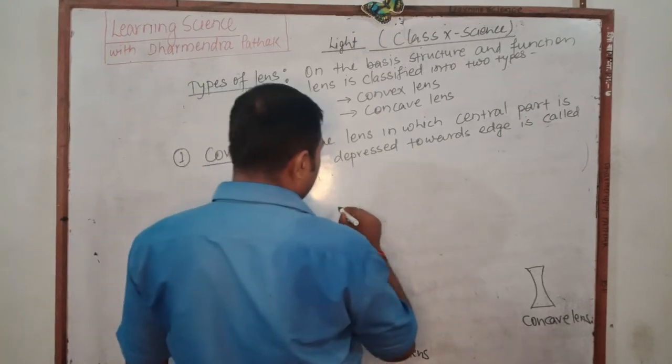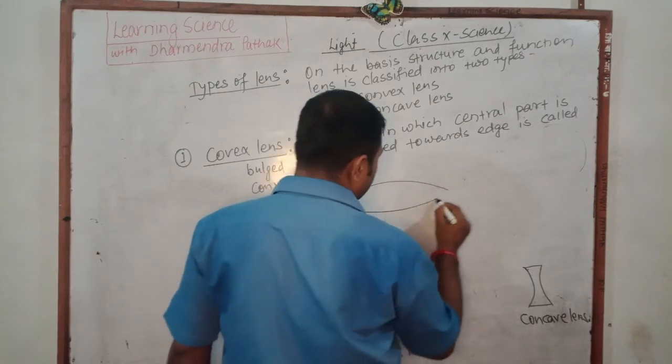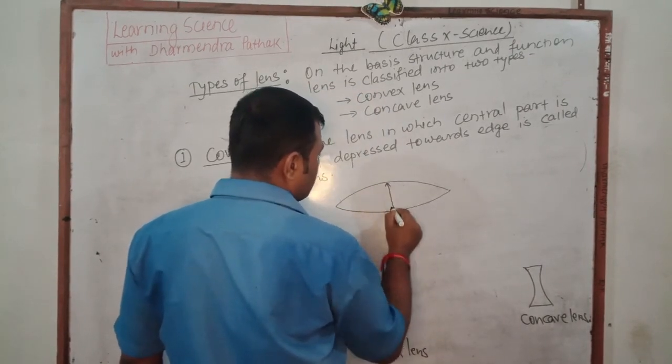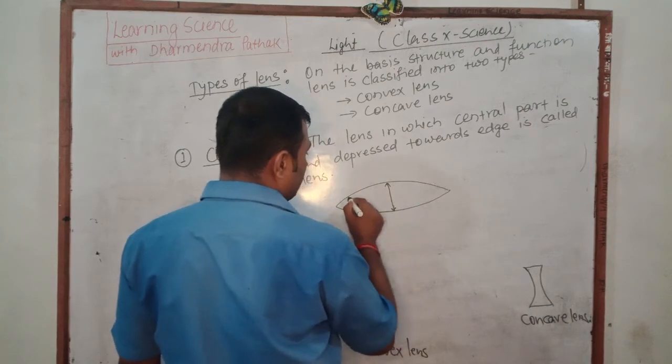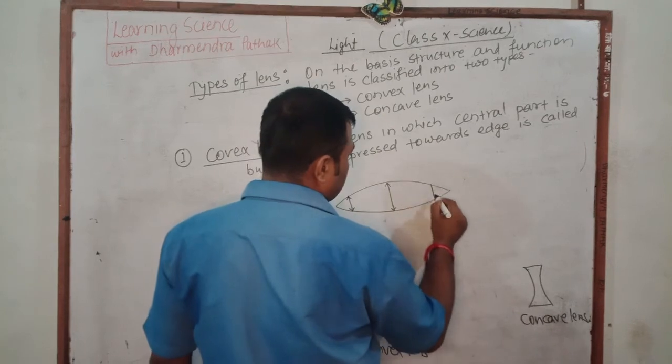Listen, when we draw the diagram of a convex lens, the central part remains more bulged, and towards the edge it goes thinner and thinner.